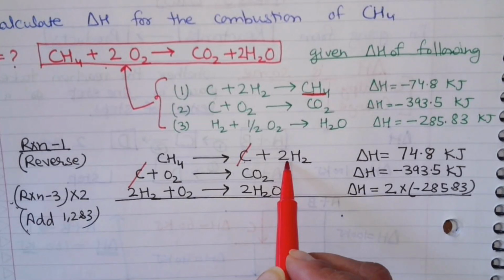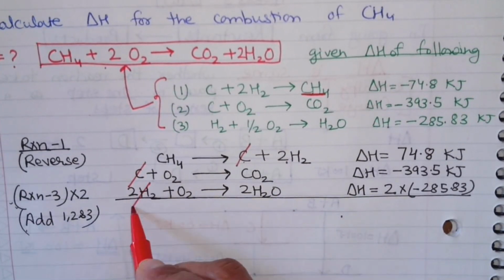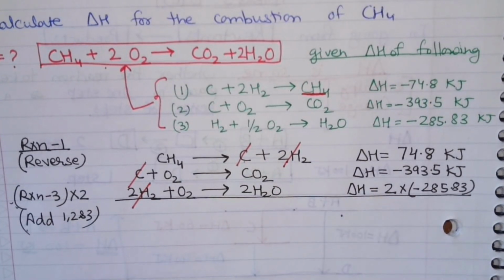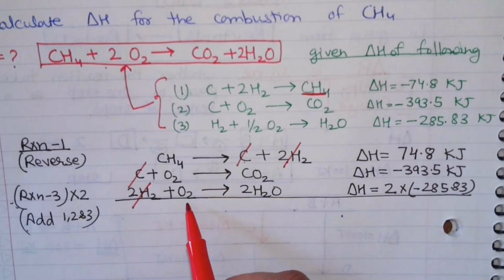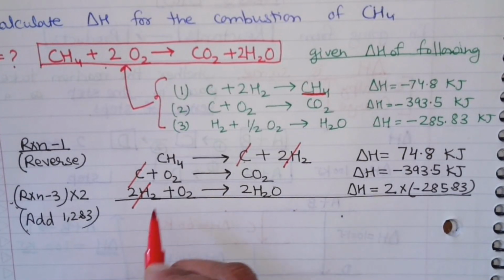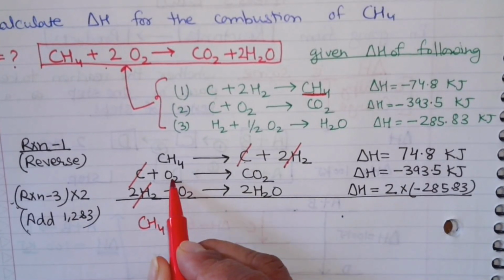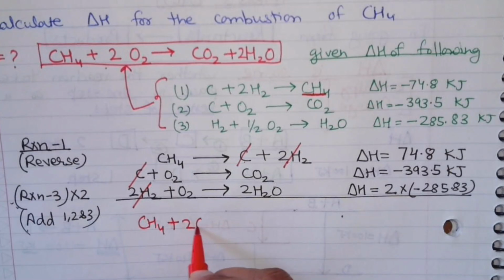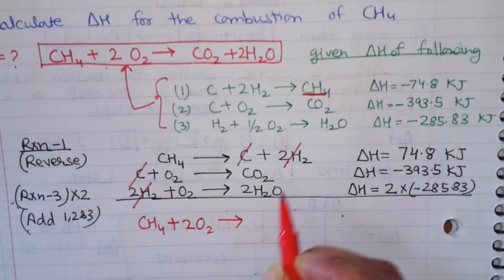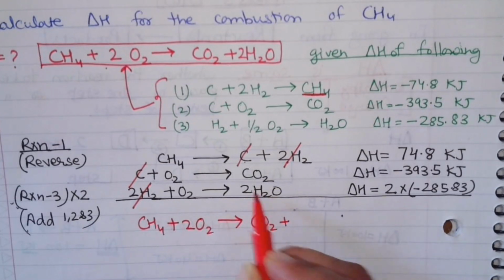We have 2H2 on the right hand side and 2H2 on the left hand side. Common terms will cancel out, right? And then you add all the reactants on this side. So we have CH4 plus O2, 1 O2 plus 1 O2, 2 O2. And on the product side we have CO2 plus 2 water.